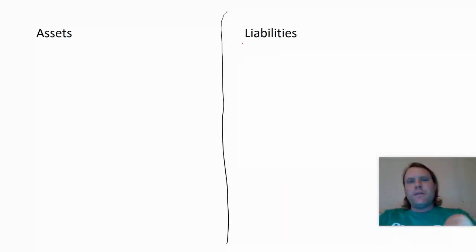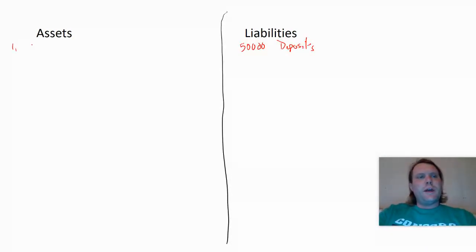All right, so we've got 50,000 in deposits. And sometimes you'll see demand deposits, you'll see checkable deposits. It's all going to mean the same thing for us. So for number one here, we have required and we have excess.